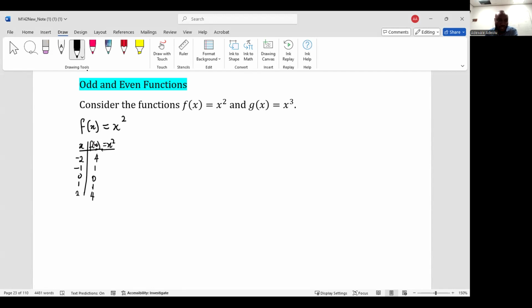And we do notice that f of -2 is exactly the same as f of 2. That is, this is 4, this is 4. Also, f of -1 is the same thing as f of 1, right? F of -1 is 1, and f of 1 is also 1. In general, we can say f of negative inputs equals f of positive inputs.